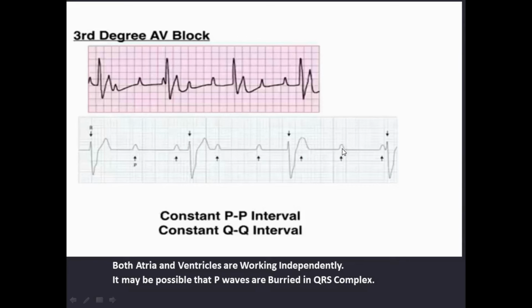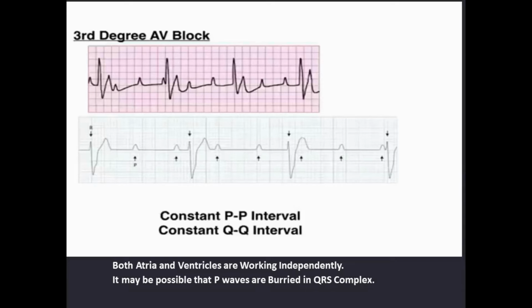And moreover, there is a constant Q interval. Although there is not a proper PQRS complex, the distance between P to P and Q to Q is normal. Atria and ventricle contract independently.